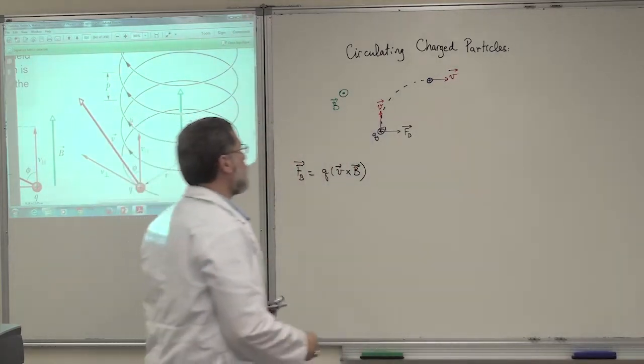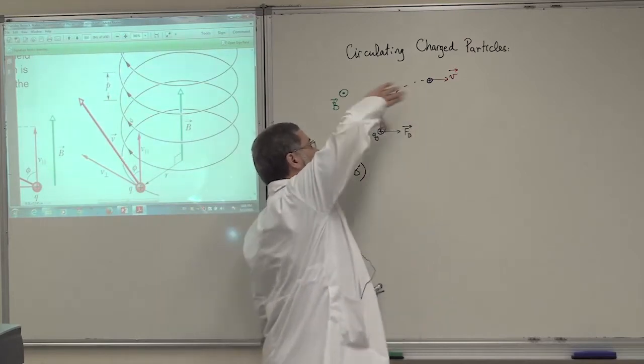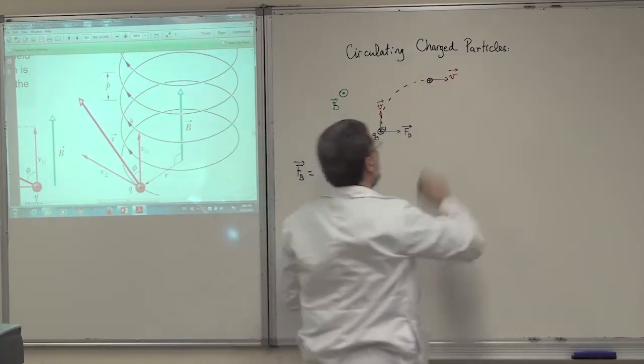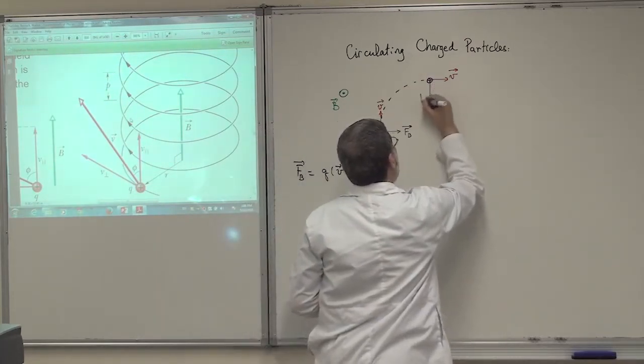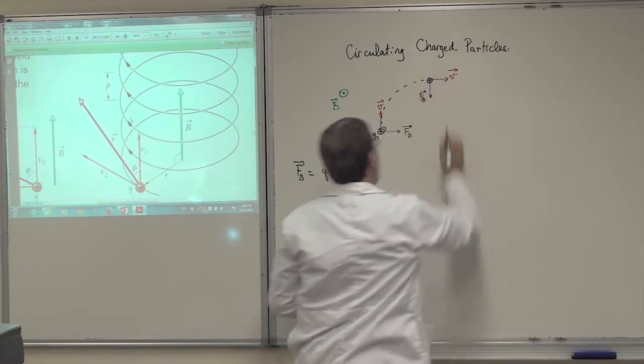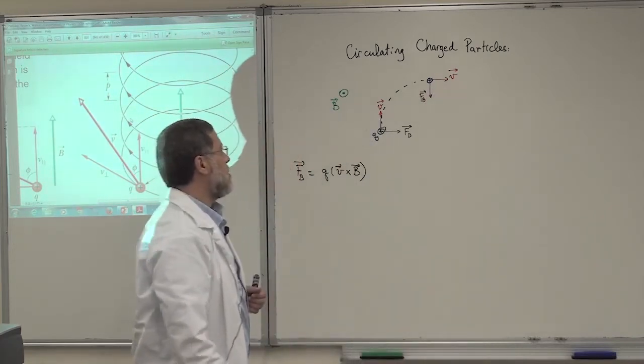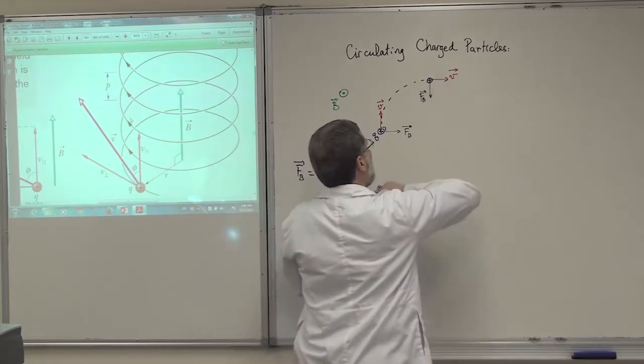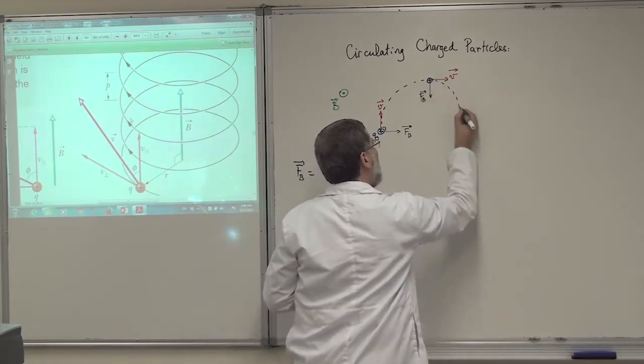Remember that B is out. So V cross B, the force is down. That's FB. We are applying the right-hand rule many times. Now, V and B are perpendicular, so it will be moving in this arc here.